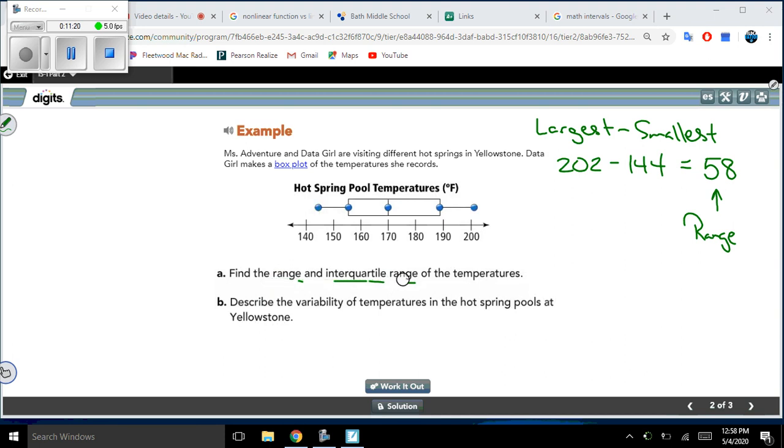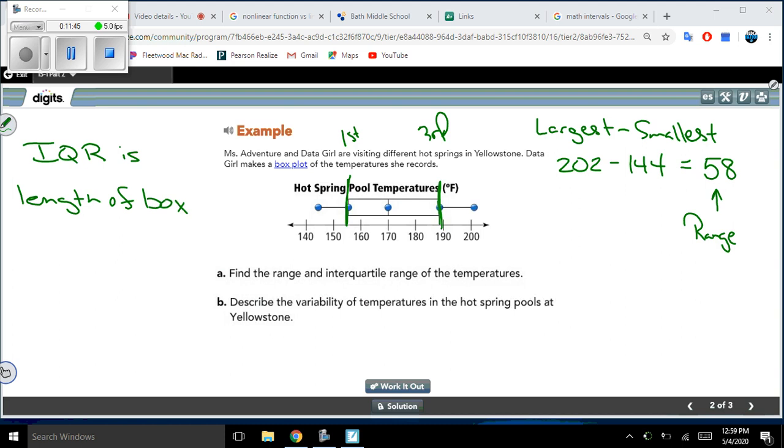And then the interquartile range, again, the nice thing about them having the box plot is the length of the box, right? So right there's the first quartile, right here's the third quartile. And so the length of the box represents the IQR. So you might want to know that IQR is length of box, and it is the third quartile minus the first quartile.